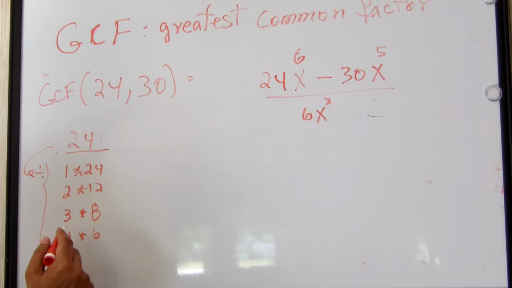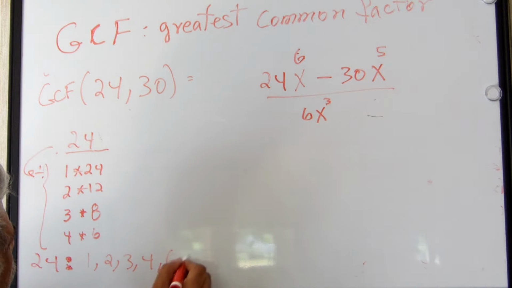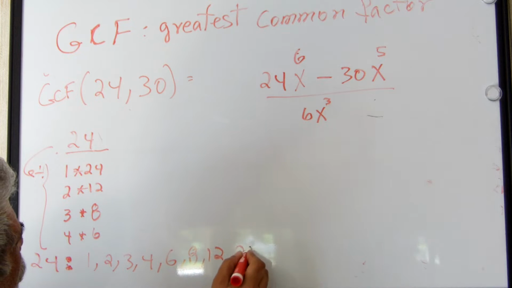So what you do, you write down these factors. The factors of 24 are 1, 2, 3, 4, 6, 8, 12, 24, up to 24.